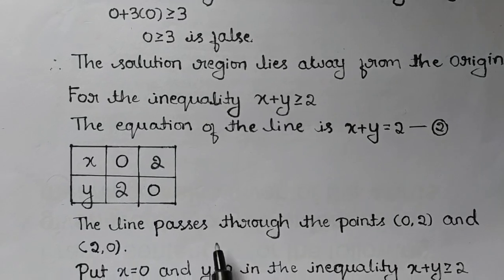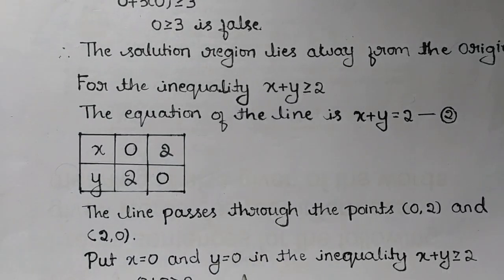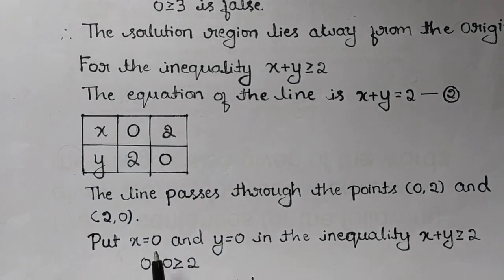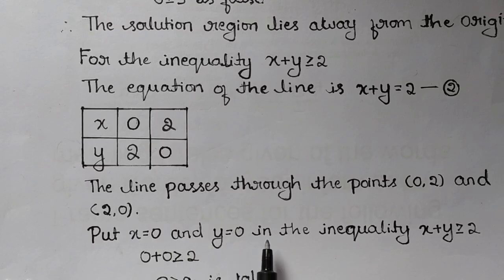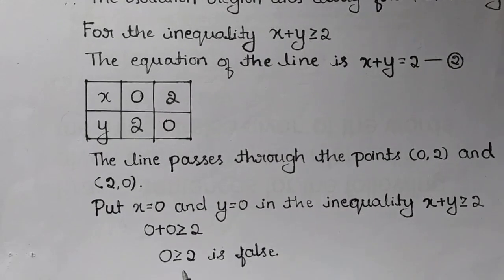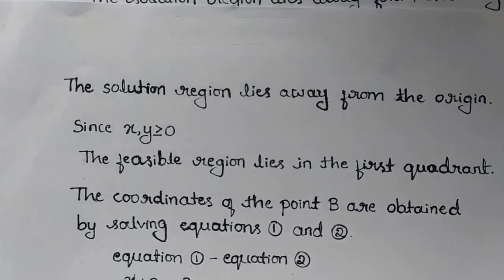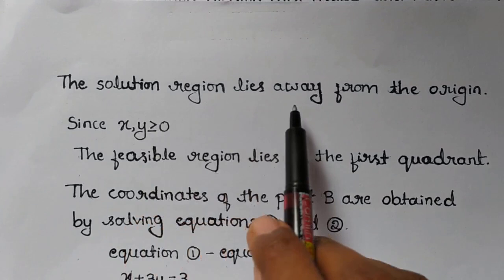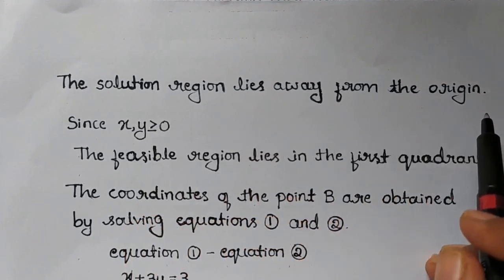Now the second step is substitute the origin, that is x is equal to 0 and y is equal to 0 in the inequality. We get 0 greater than or equal to 2, which is false. This implies that the origin doesn't satisfy the inequality. Therefore, the solution region is not including the origin, and we conclude that the solution region lies away from the origin.